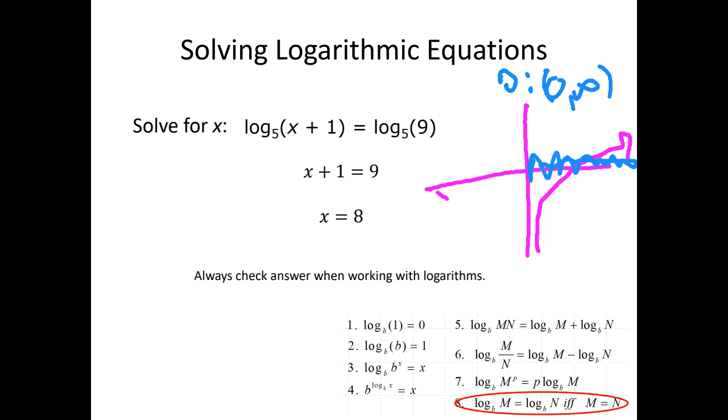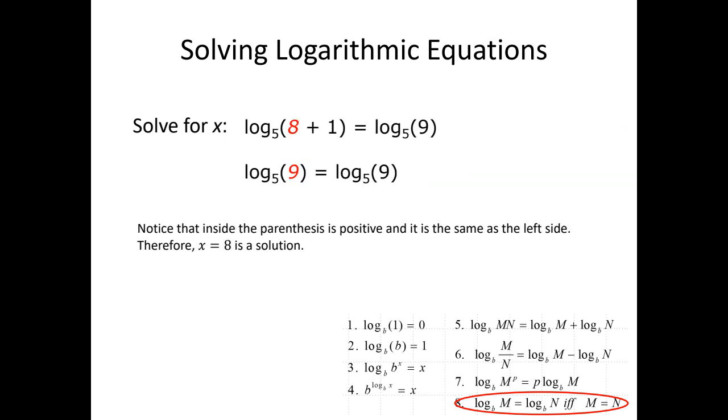So whatever is going to be in the parentheses has to be positive. Okay, so whenever you solve for your x, you have to make sure that that's going to be the case. And so if our answer is 8, if I plug it in here, I would get 8 plus 1 is 9, and 9 is positive, so that's okay. So x equals 8 is a solution. Okay, so let's try another example.